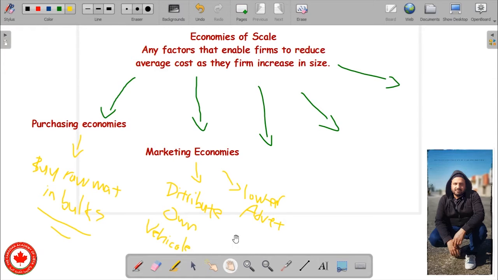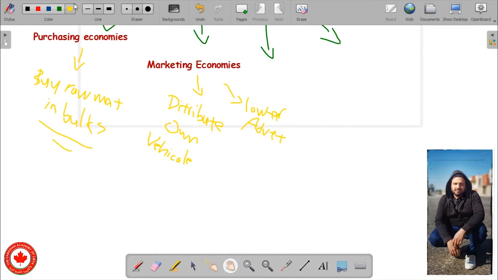Beside that, large companies will also hire less sales staff.